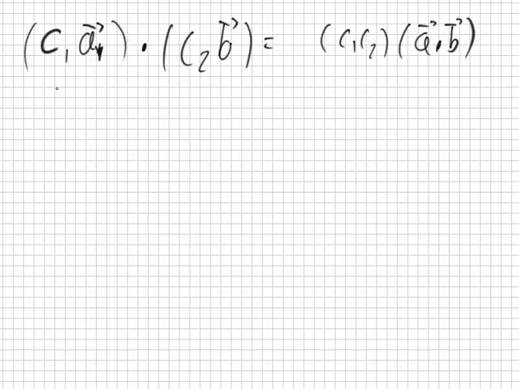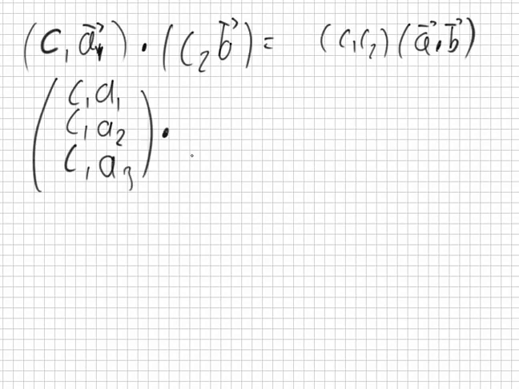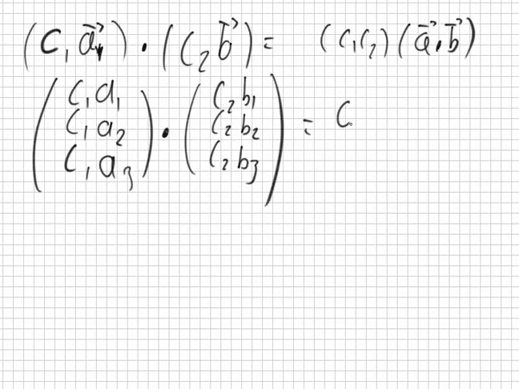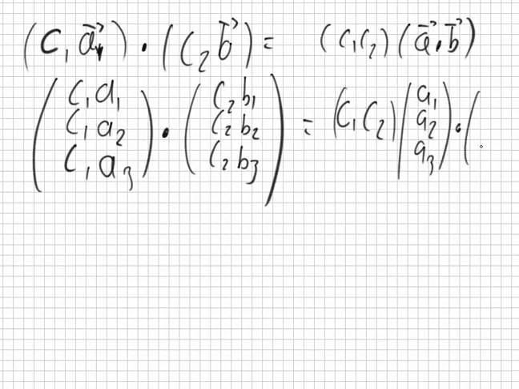So on the left here, we would have C1A1, C1A2, C1A3, dot C2B1, C2B2, C2B3. And on the right here, we would have C1C2, and then A1, A2, A3, dot B1, B2, B3.